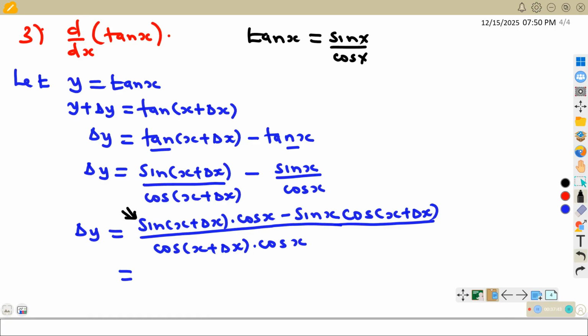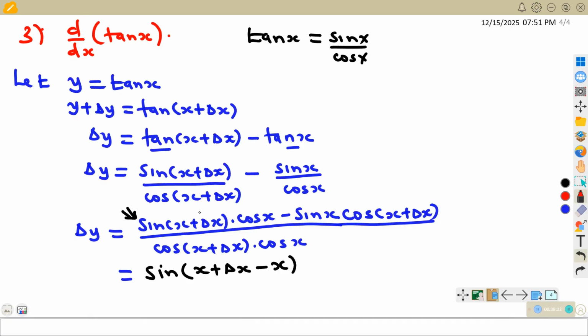Sine into bracket x plus small change in x minus x. Yes. Okay, thank you.